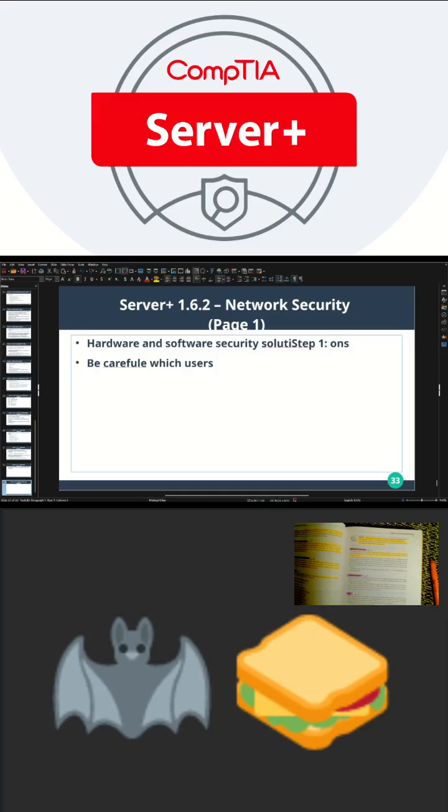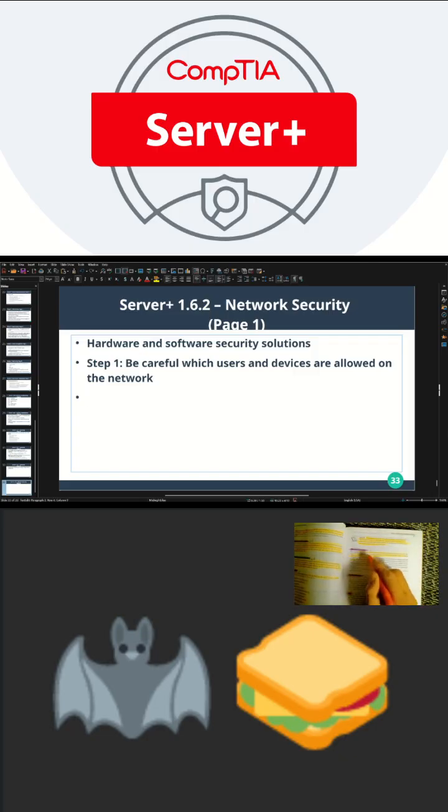Step 1. Being very selective about which users and devices connect to the network.